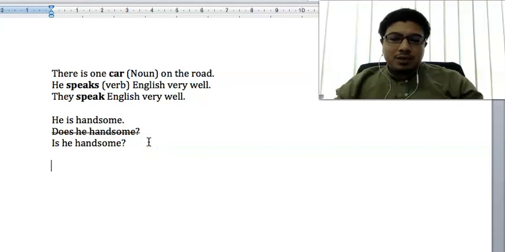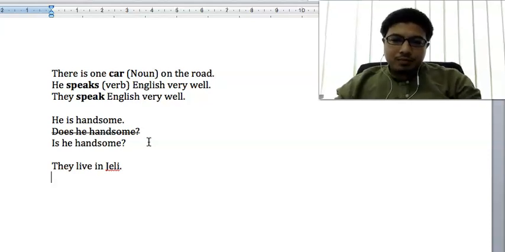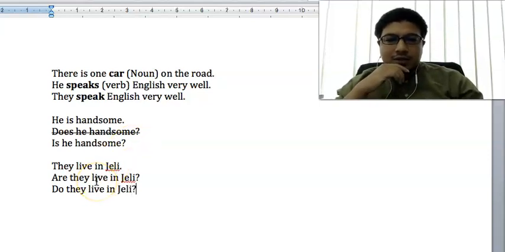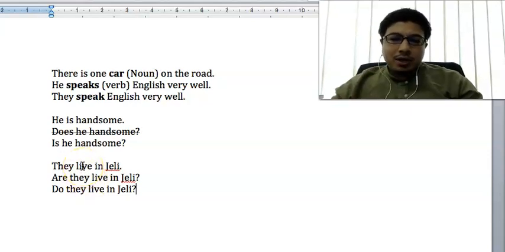But if the statement is they live in Delhi, when you put it in a question, do you say are they live in Delhi, or do they live in Delhi? So which one do you say?